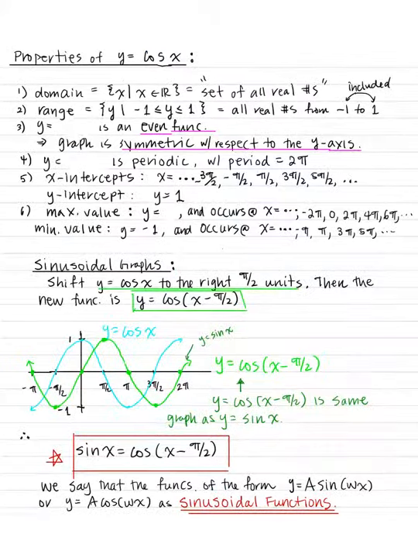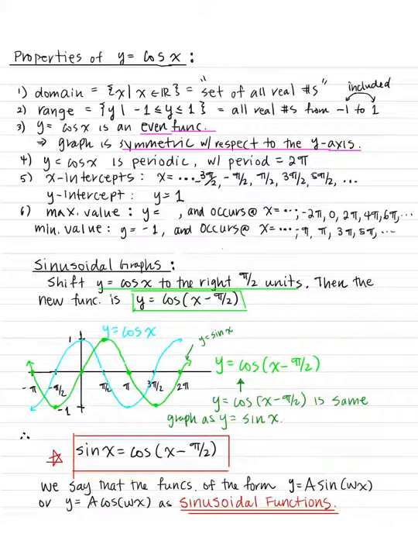Okay, so now let's talk about the properties of y equals cosine of x. All right, so the domain is all real numbers. Range is from negative 1 to 1, just like the sine function. And y equals the cosine of x is an even function. That means the graph is symmetric with respect to the y-axis. And y equals cosine of x is periodic with period 2 pi.